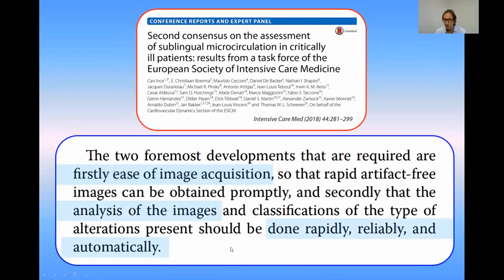Now it's not the case. And still in 2022, there is no big improvement of the technology to be applied for the routine practice, the daily routine practice, for example.